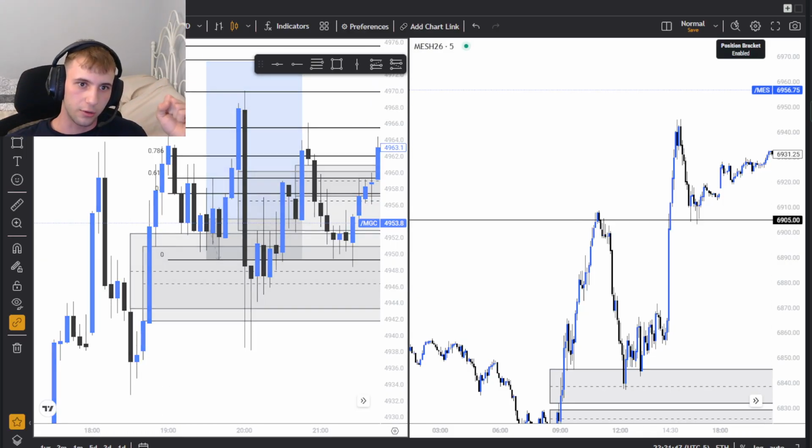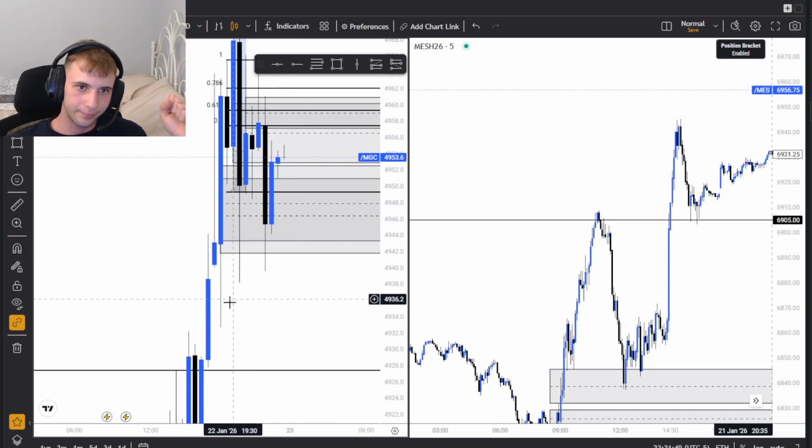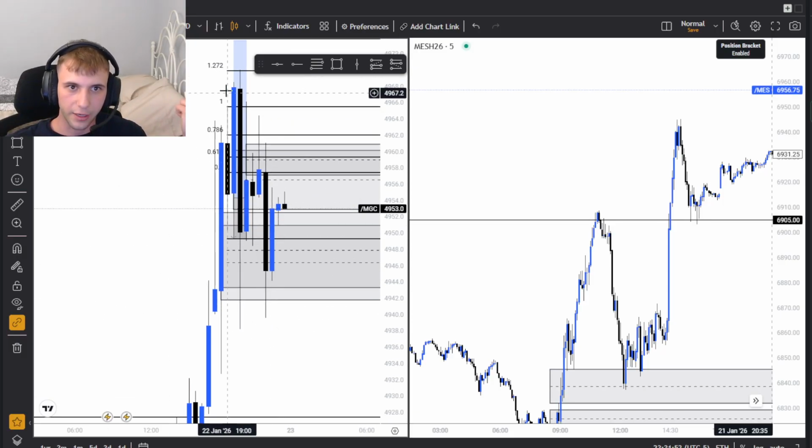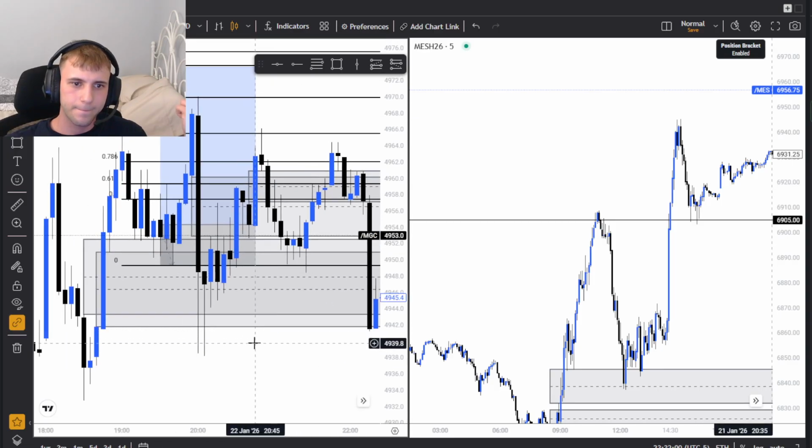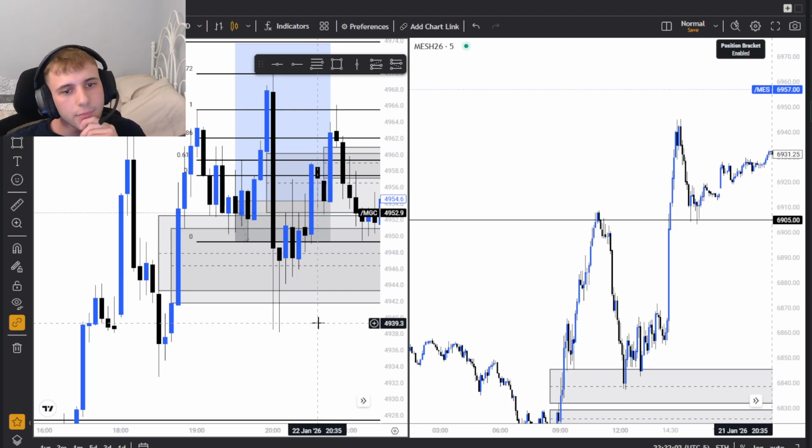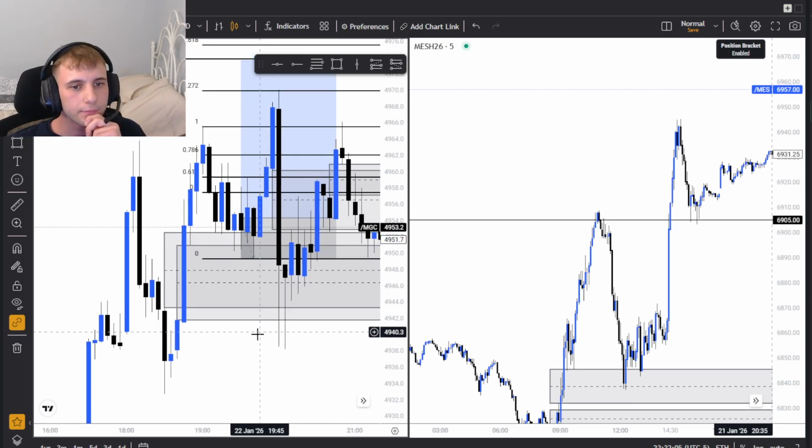I mean, I guess there was a 30-minute retracement, but we kind of already took out some highs on that 30-minute retrace. No, we didn't. See, we're learning as we go here.